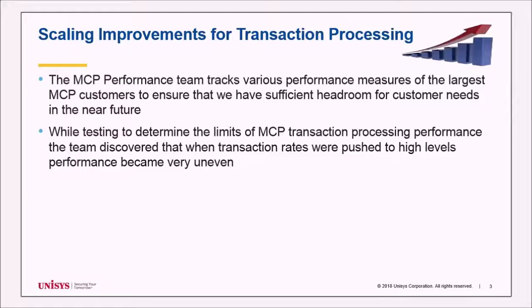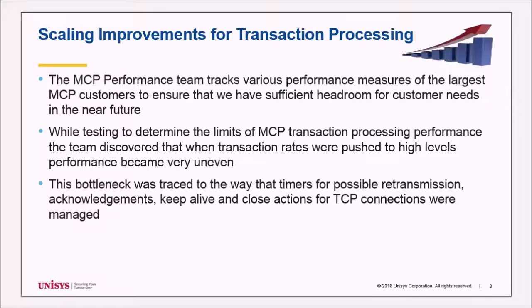processing scalability were for various application architectures, the team discovered that when rates were pushed to really high levels, transaction performance didn't just level out, the performance became very uneven. This bottleneck was traced to the way that we time TCP segments for possible retransmission, acknowledgements, keep alive, and other activities.